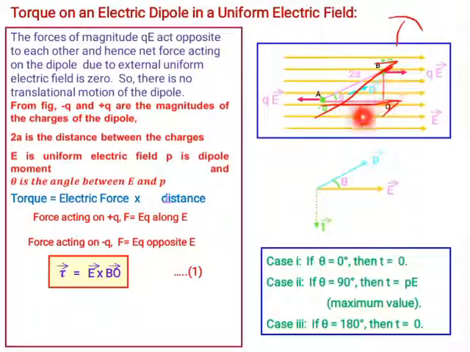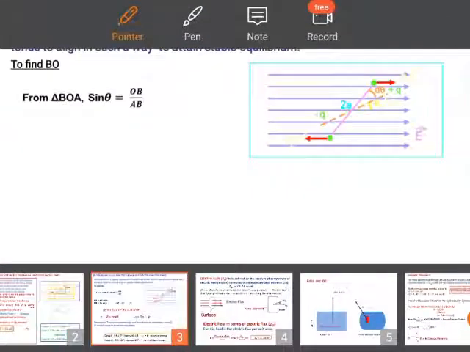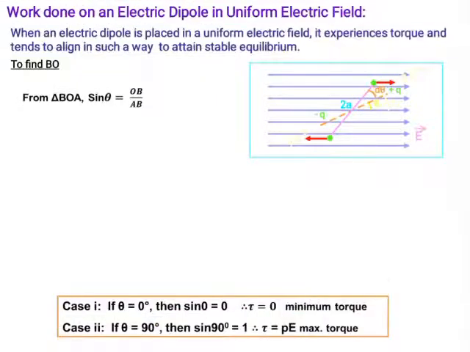From this right angle triangle, sin theta is equal to OB divided by AB, where OB is the opposite side and AB is the hypotenuse. Now what is OB? You just cross multiply, then we get BO equal to AB sin theta.